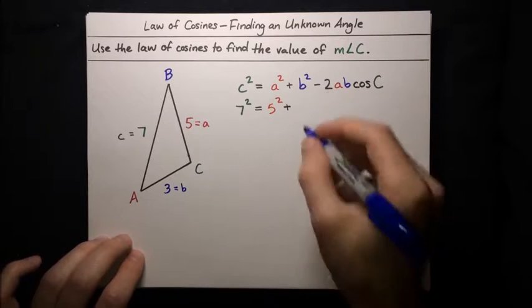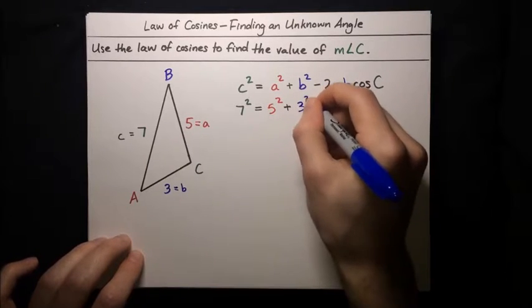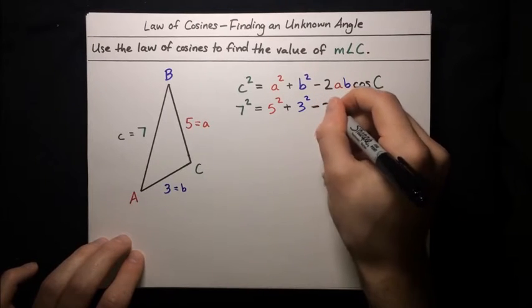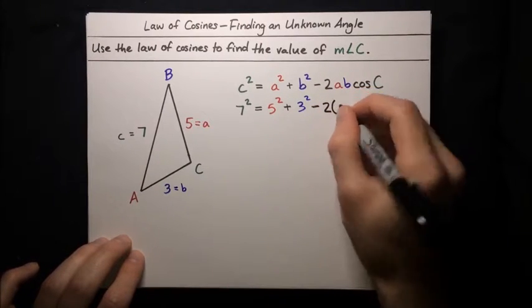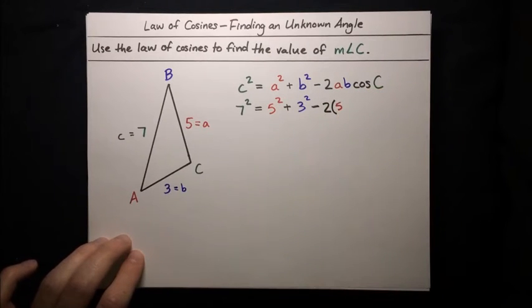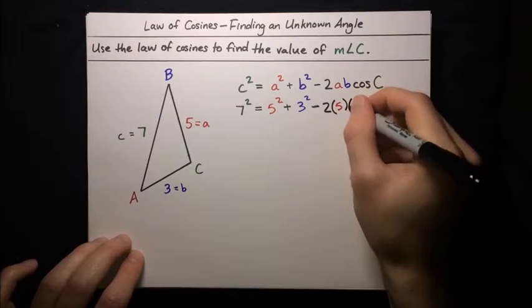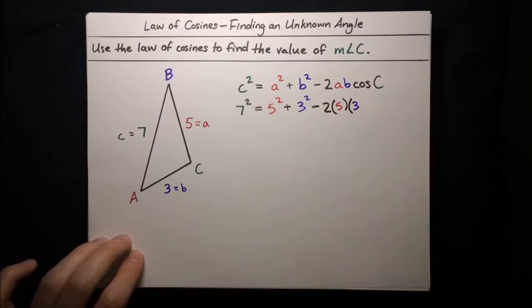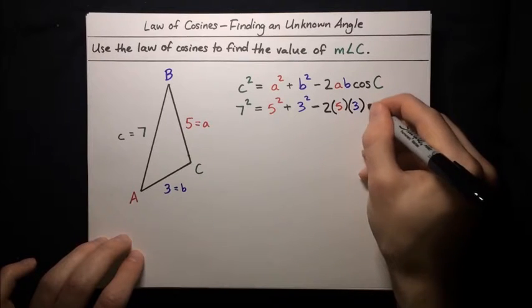Well, b is just 3, so 3 squared, and then minus 2ab, so minus 2 times a, which is 5, times b, which is 3, and then times cosine of angle C.